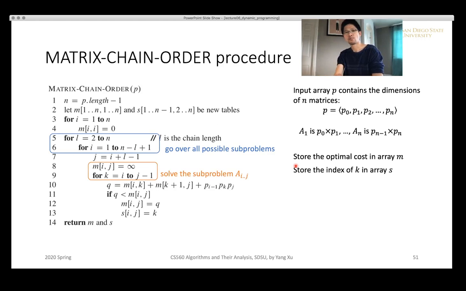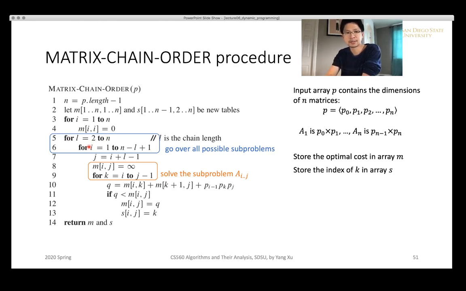Okay, so the subproblem of I to J is solved by the third for loop using the K loop counter, and the second for loop for I from 1 to n minus L plus 1 basically goes over all possible subproblems that have a particular size L. And the outer for loop goes over all possible sizes for subproblems.